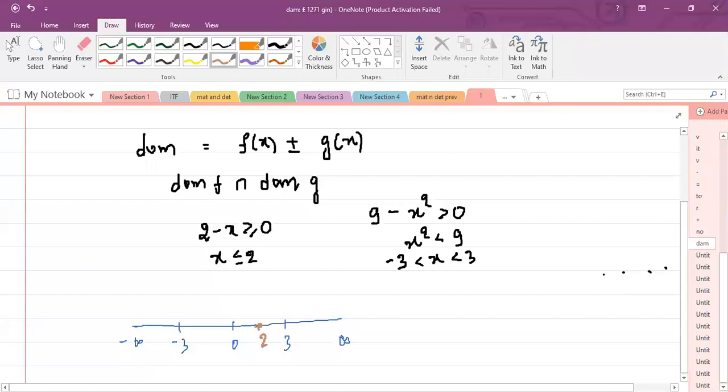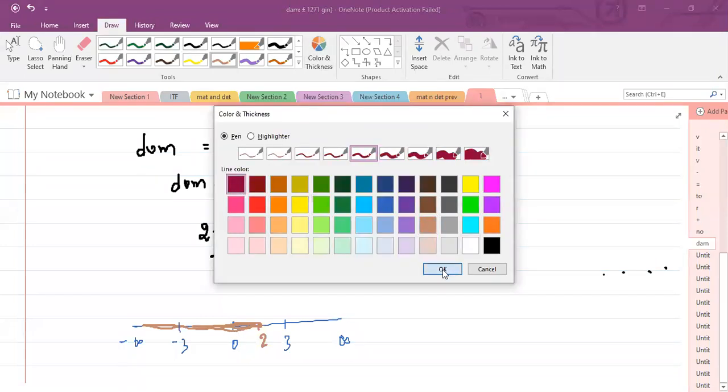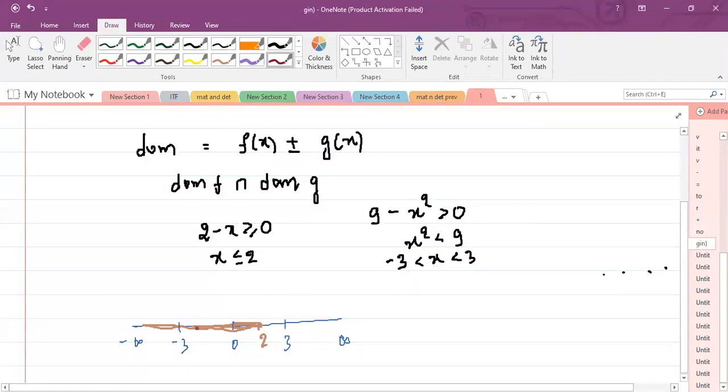Less than or equals to means you can choose this whole part. And for the second one it is minus 3 to plus 3, open interval. Therefore, which part is common to both?